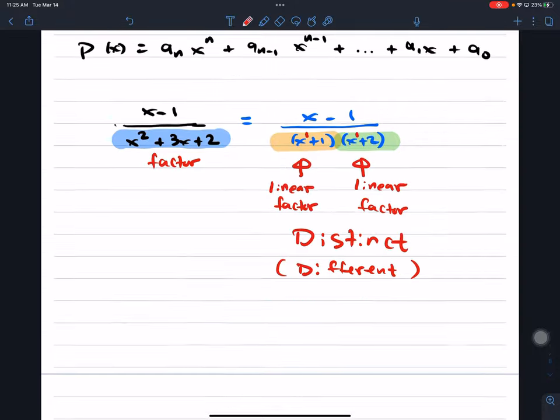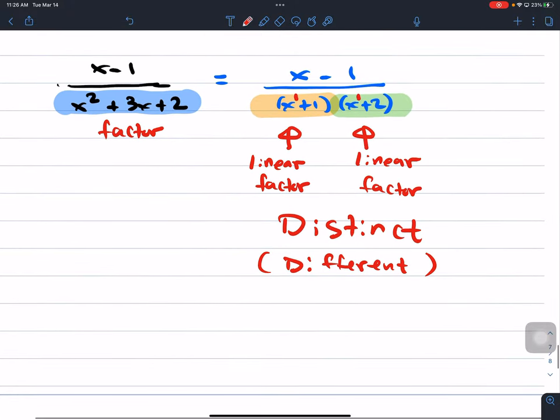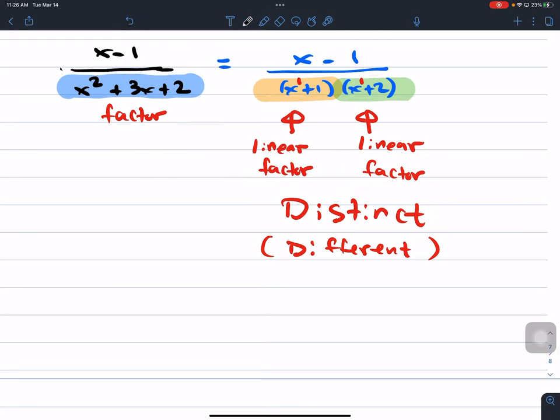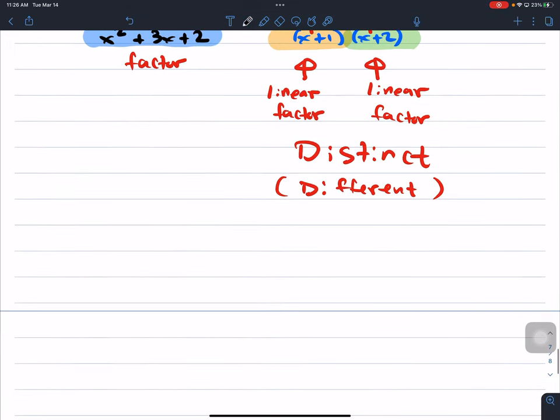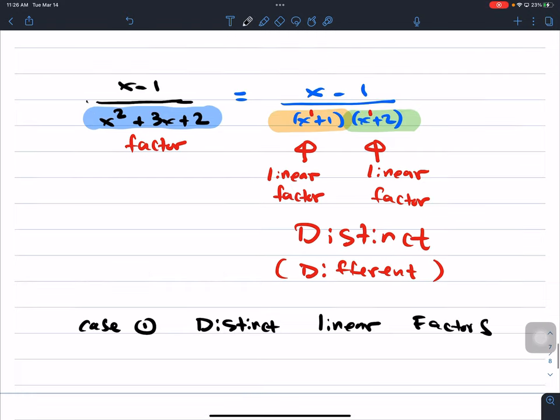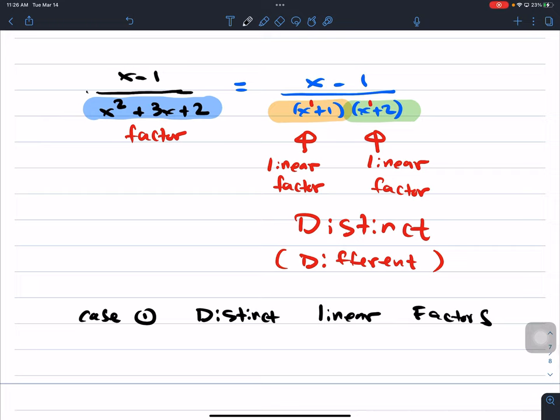So what I want to remark is that you have what's known as distinct linear factors. For partial fraction decomposition, they'll take cases again, and this is for distinct linear factors. So you want to consider cases here.